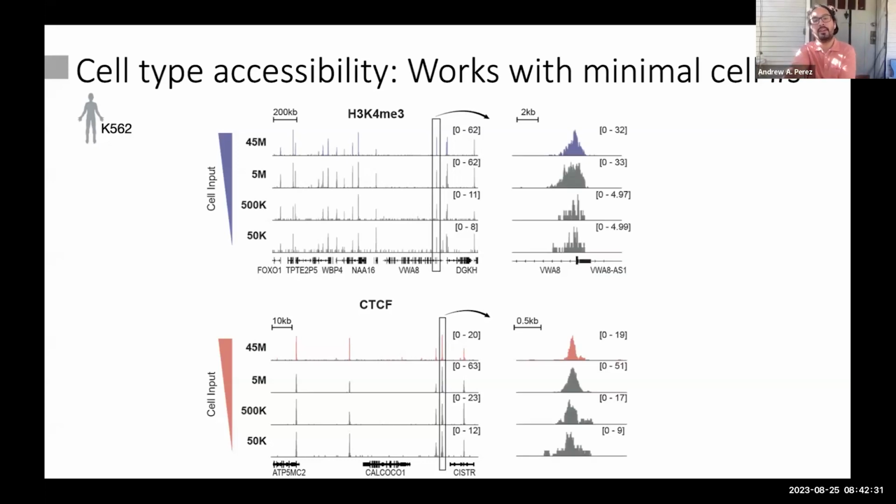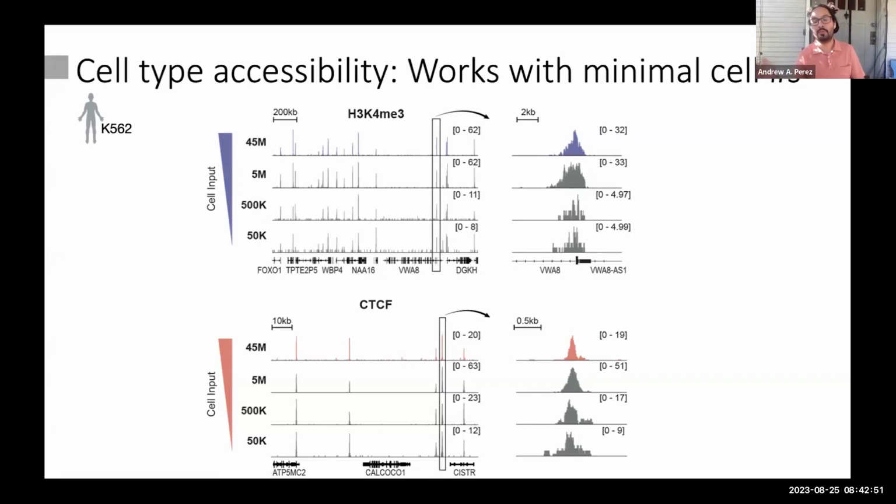If we zoom in, we can still see that these regions are enriched, but we do notice that there is a hit in the quality of the peaks, but these are still callable peaks, and so we can go down to basically 50,000 cells.